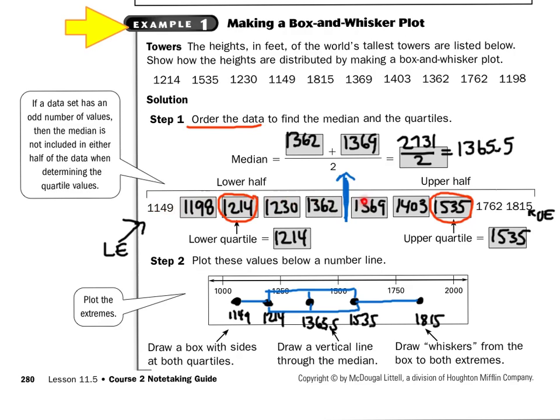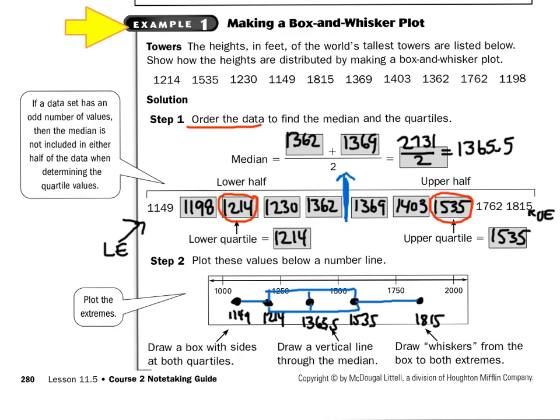So I did that right here, okay? So we're putting all the data they gave us in order. So 1149, and then 1198, and then 1214, 1230, 1362, 1369, 1403, 1535, 1762, and 1815. Okay, those are all the data in order.